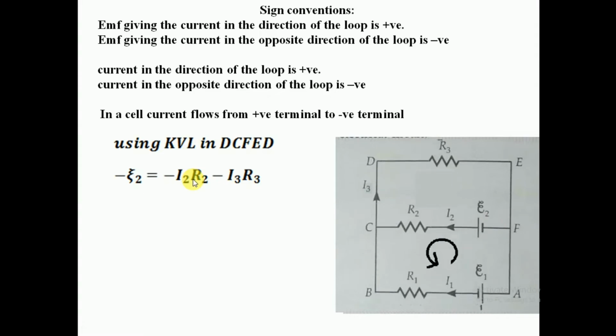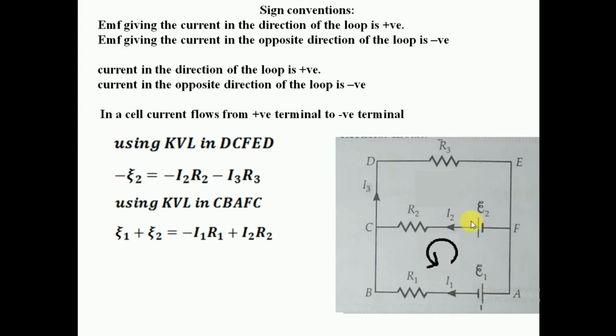So let's take next loop, so that is CBAFC. So my loop is again anti-clockwise direction. So now I have two EMF, so I have to add. Now this loop is going towards the right and this EMF is also giving the current in the direction of loop, so this is positive.